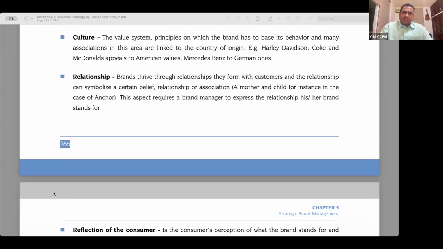The culture, the value system of the brand. If you look at brands like Harley Davidson, it has a culture, it's a cult. Coca-Cola and McDonald's appeal to American values. Mercedes-Benz to German values, the brand culture.